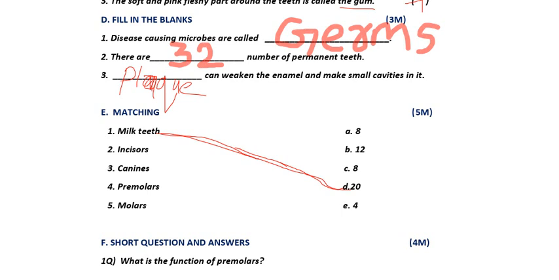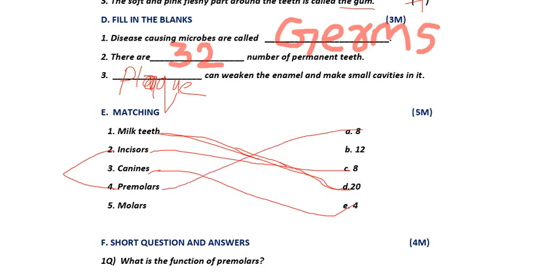How many incisors will be there? Incisors will be 8. Third one, canines. How many canines are there? 4. Third one, premolars. Incisors and premolars will be the same. Incisors are 8, premolars also will be 8. Next, molars. How many molars will be there?